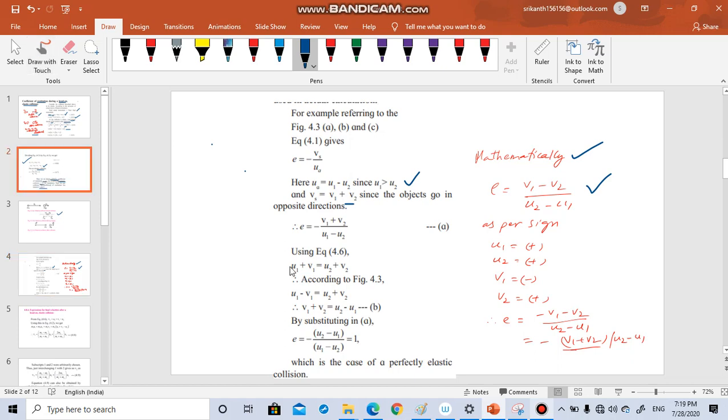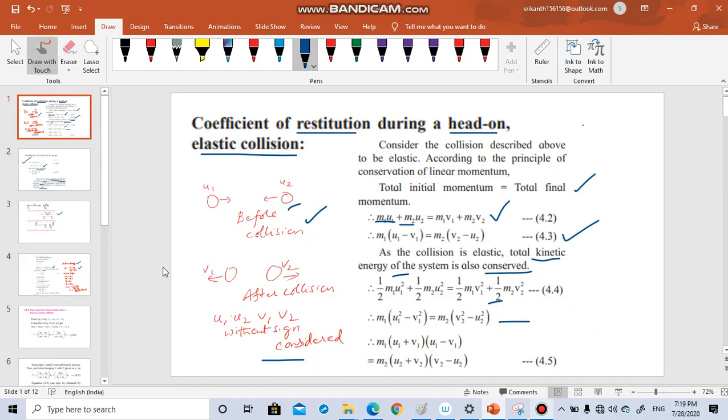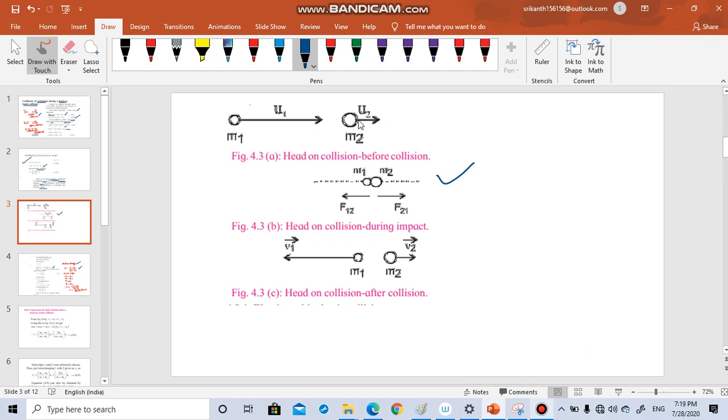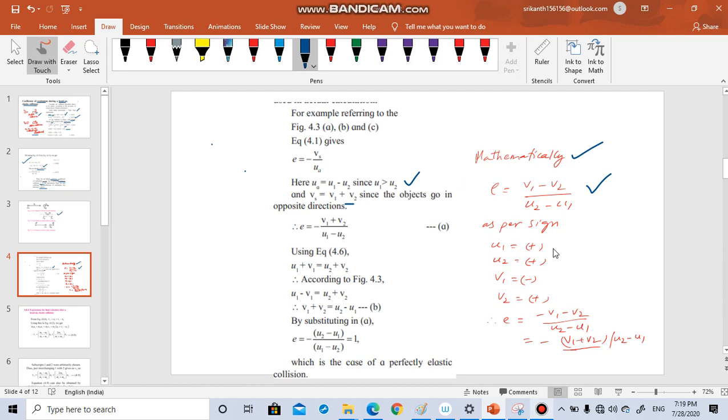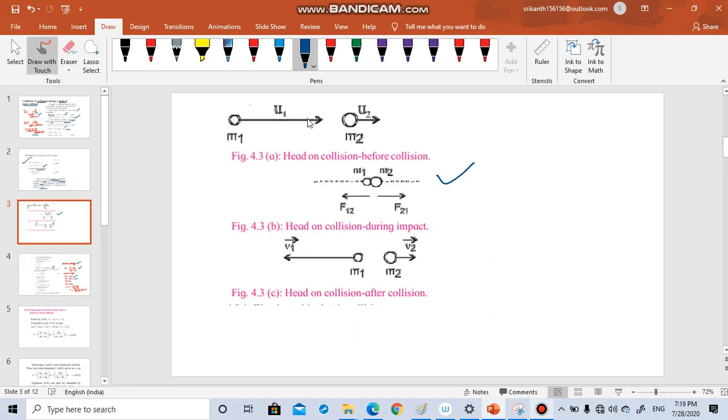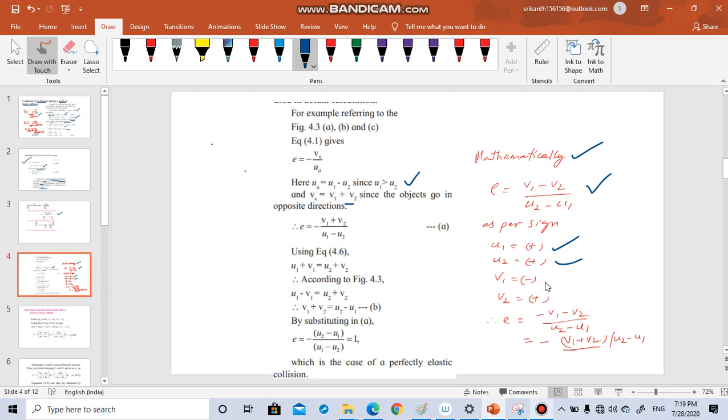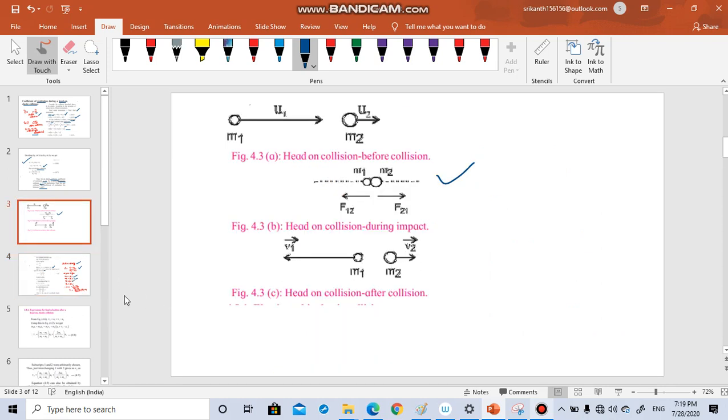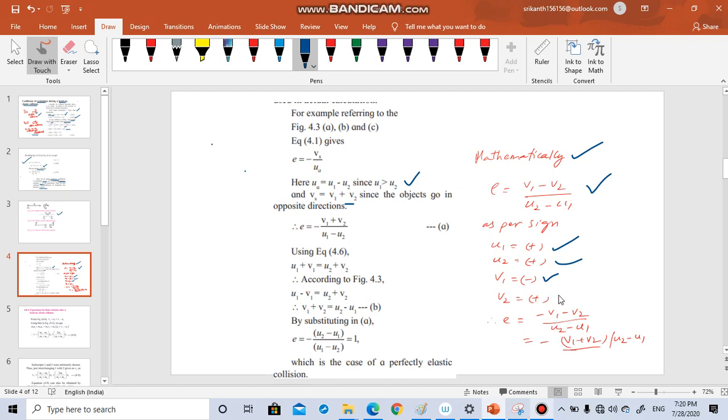Here I told you to follow the sign convention. So for following the sign convention, u1 and u2 are both in the positive x direction, so both will be positive. v1 is in the minus x direction, so we have put minus, and v2 is in the positive x direction, so we have put plus.